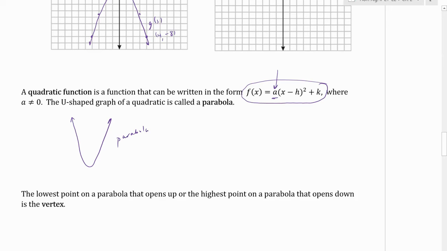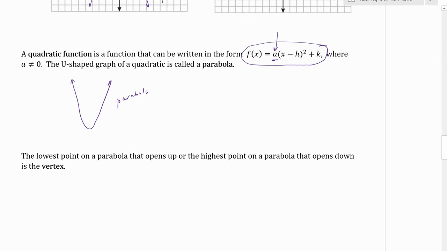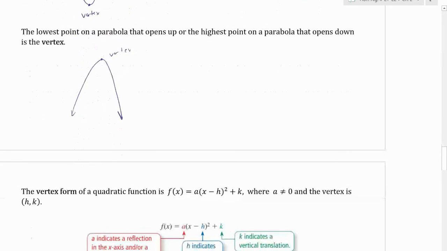Okay. The lowest point or the highest point, like that point right there, which is the lowest point, is called the vertex. If it had opened the other way, the highest point is called the vertex. Okay. So it doesn't have to come to a corner, like the vertex on an angle.